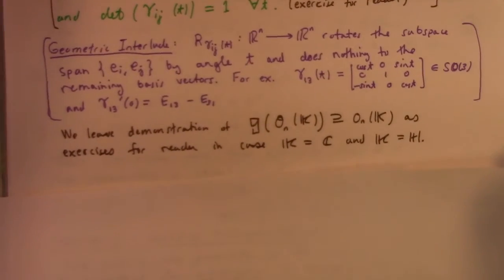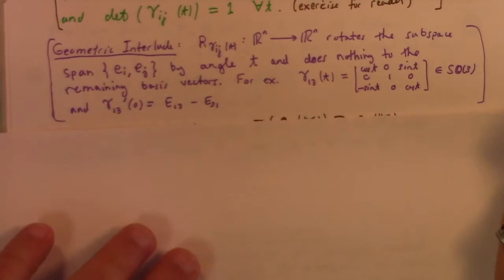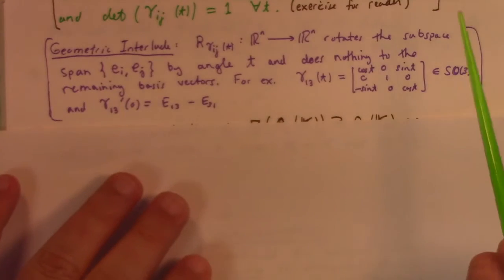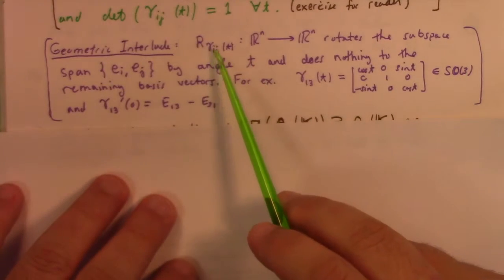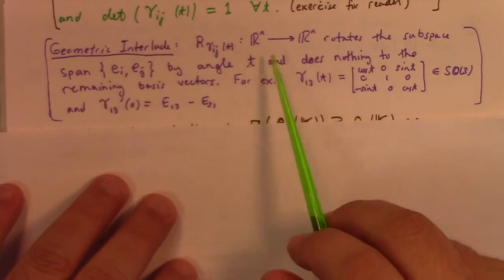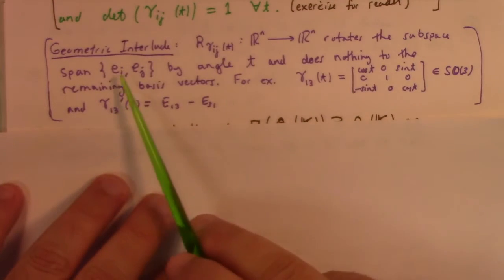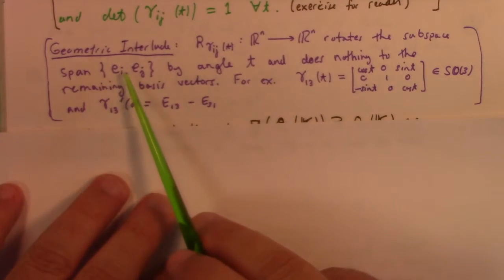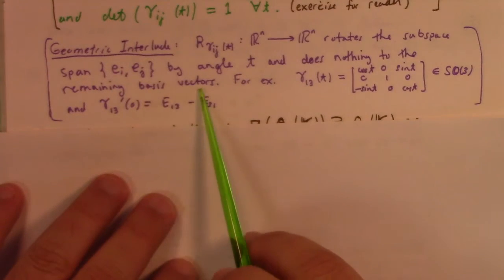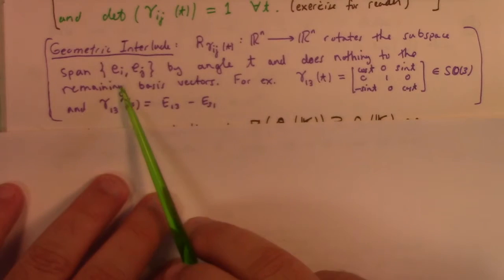And then again, just a little bit about the geometry of what's going on here. Just taking a break from the proof for a second. You can think about the vector field generated by gamma ij of t, that actually rotates the subspace, the span of e_i, e_j, by angle t, and does nothing to the remaining basis vectors.